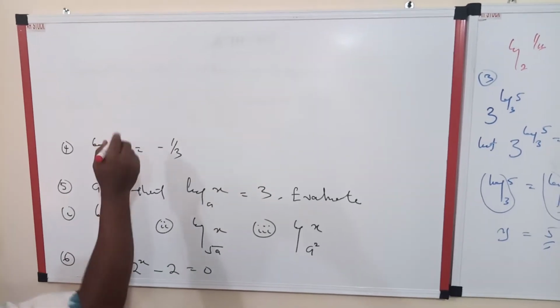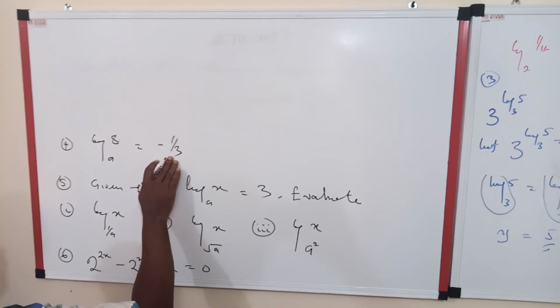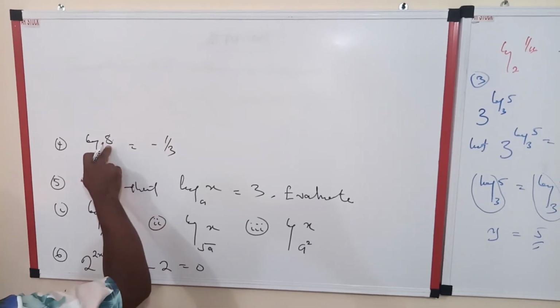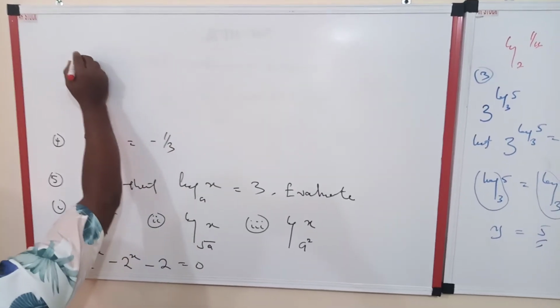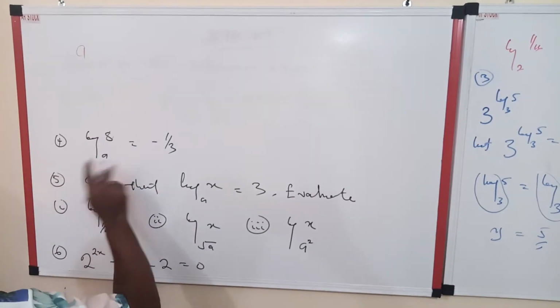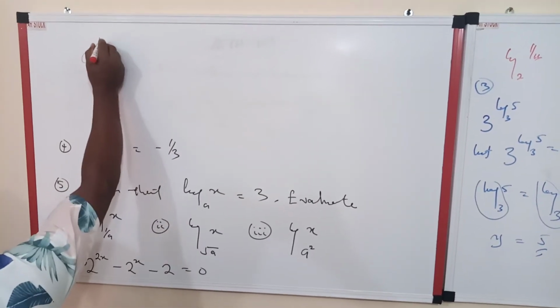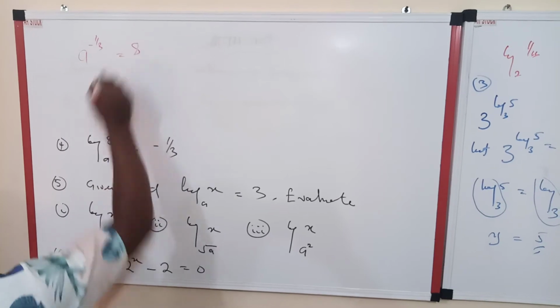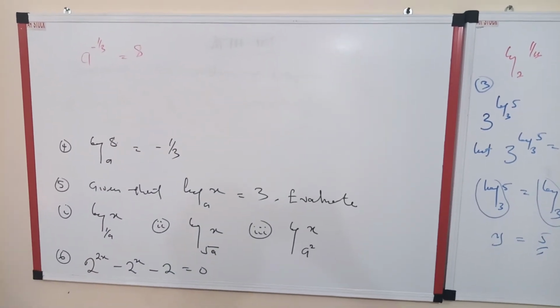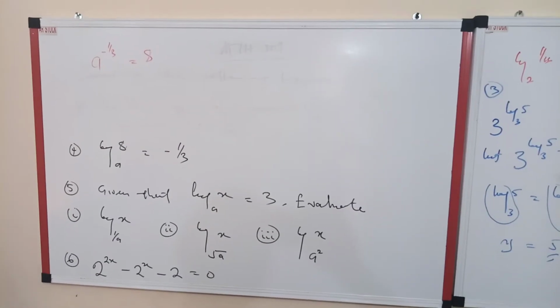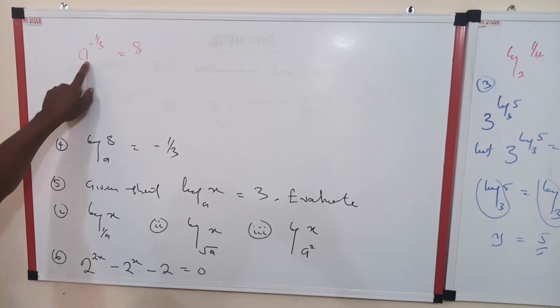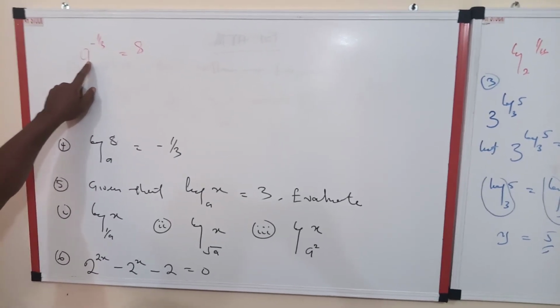Let's try to write it in terms of indices to see. Now here, this one is the power, this is the number, and this is the base. So the base is A, the power is negative 1/3, and it is equal to the number. So once you do that, you can make A, which is the unknown, the subject of the formula.